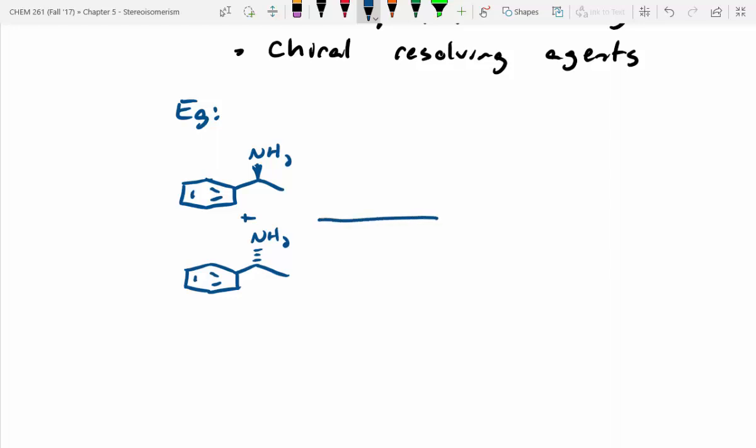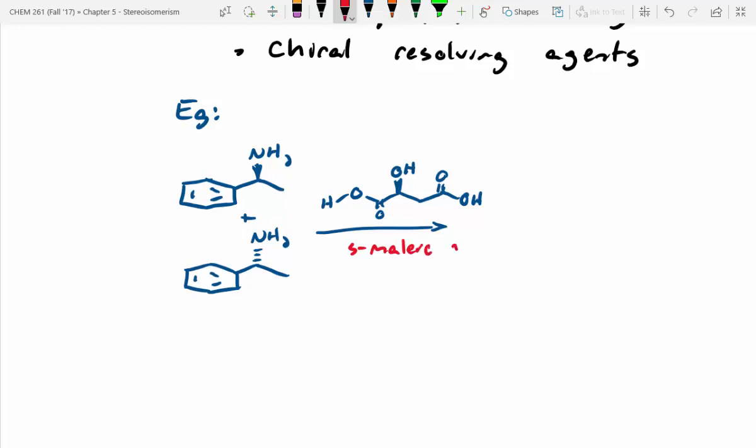So what you're going to do is you're going to react this with a chiral compound. Sorry, let me move this arrow down. And this is S-maleic acid. And the key with this is that it is a naturally occurring chiral compound.